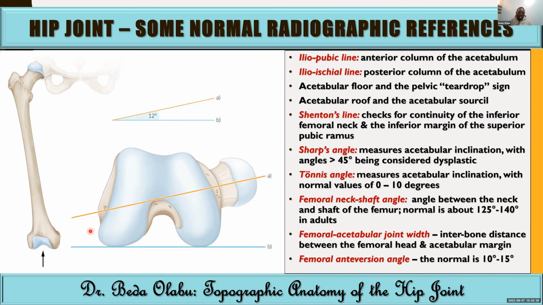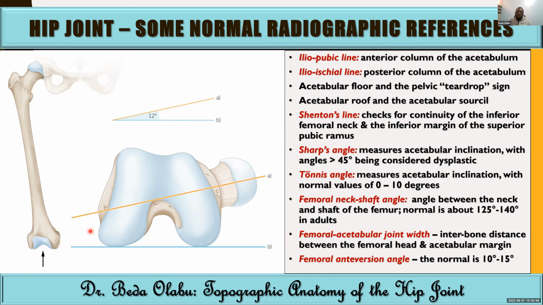Remember, the acetabulum was also anteverted, facing anteriorly. So don't make a wise assumption that now, because the acetabulum is facing anteriorly, the head and neck of femur should face posteriorly. It will sound logical, but that's not true.